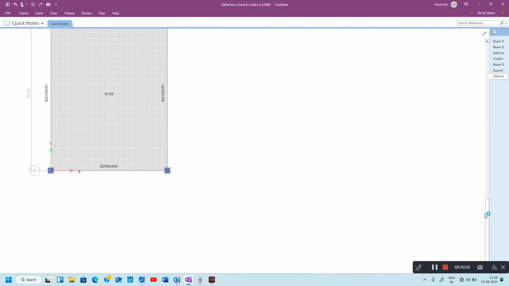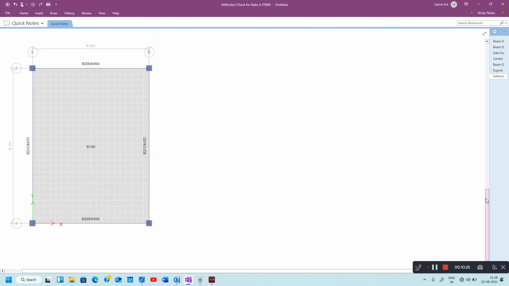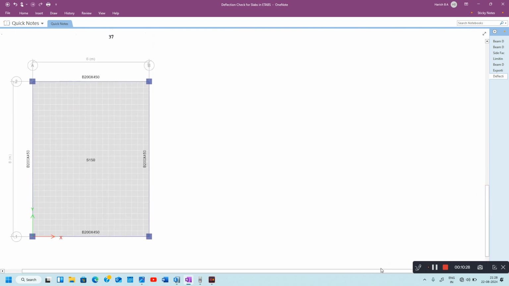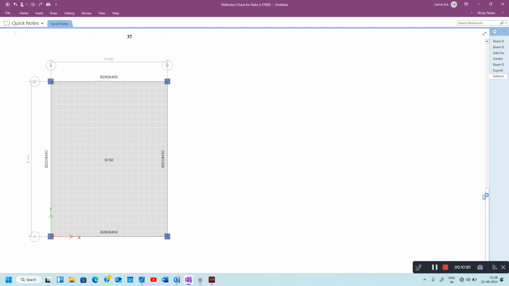So let me consider an example. I will take a simple model. Here my x span, horizontal span, is 6 meter, and my vertical span is 8 meter.